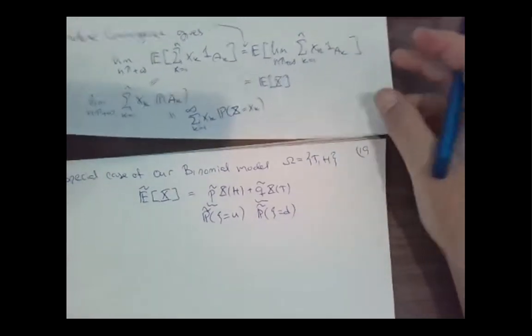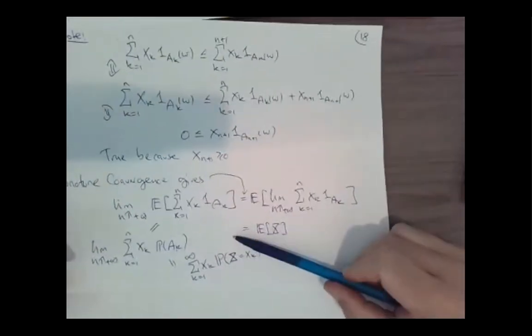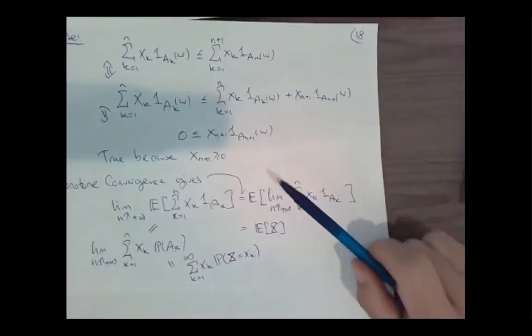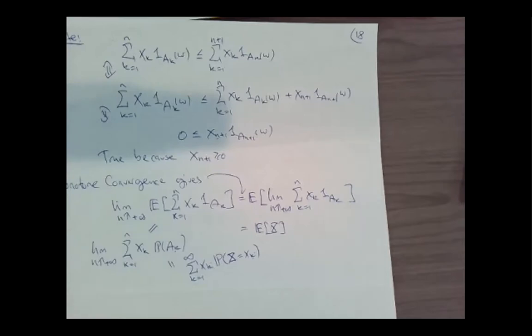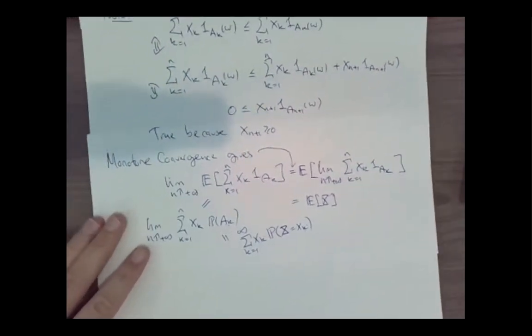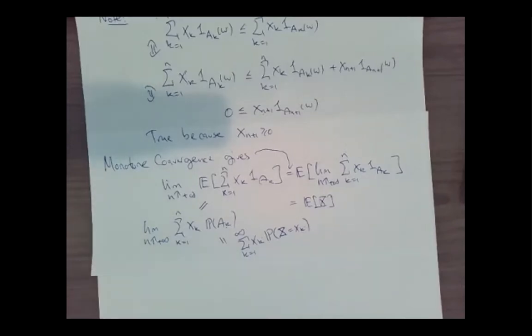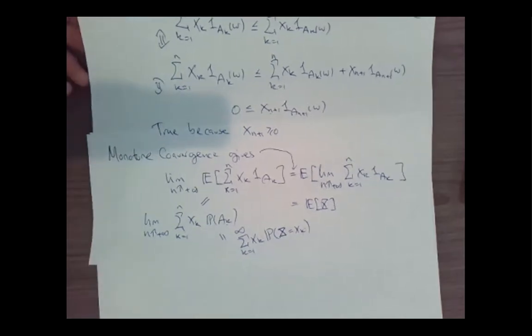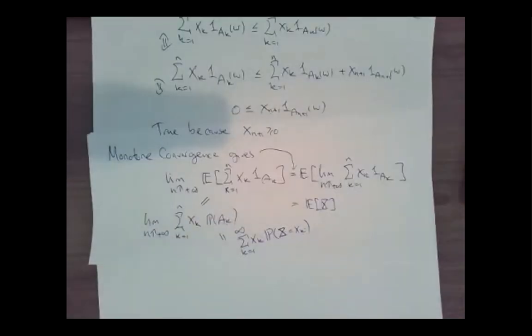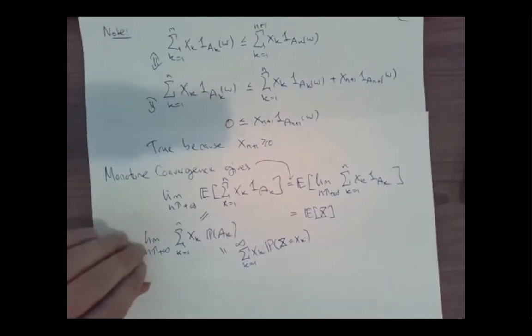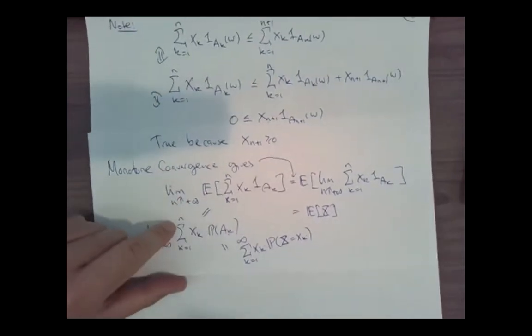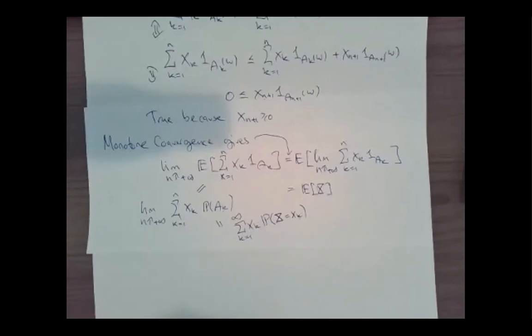So here's a more general formula. Instead of just having two values, this now allows us to take countably many values. Any questions on this one? We've got a few examples now, and we derived this formula, which is a generalization of what we've seen in the binomial model.